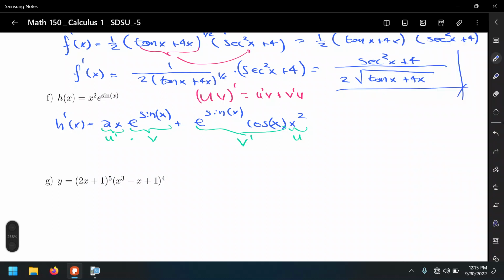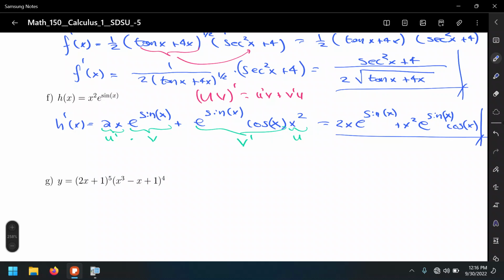What I would do is to have this x squared in front of the exponential. This would be 2x e to the sine x plus x squared cosine x times the exponential, so that's the furthest we can go. That's an acceptable answer.